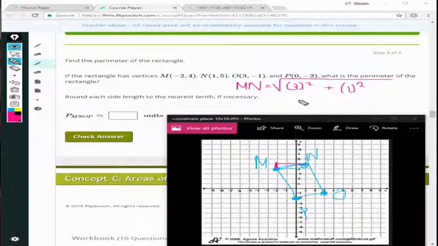So 3 squared is 9 plus 1 squared is 1. So we're going to end up with the square root of 10, and you can hear my son squirming in the background. So we're going to have the square root of 10 rounded to the nearest tenth.